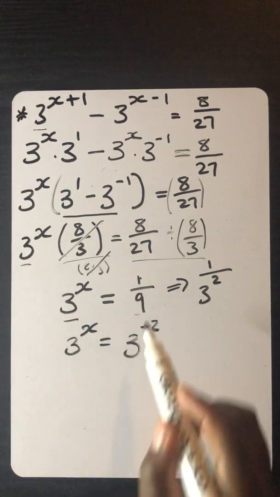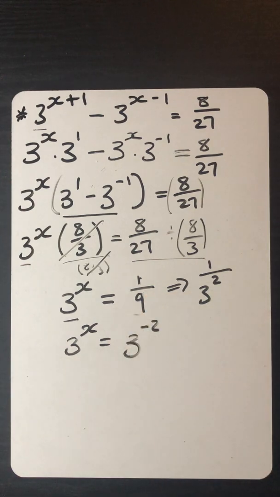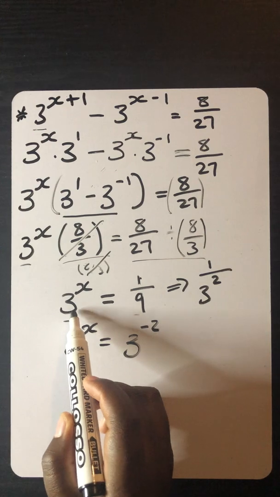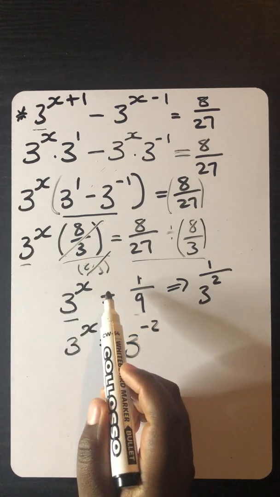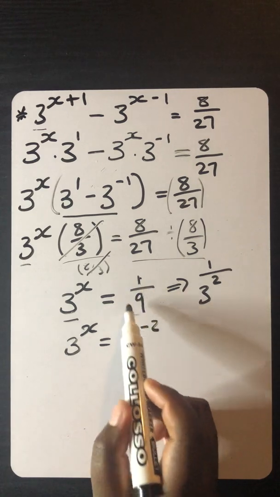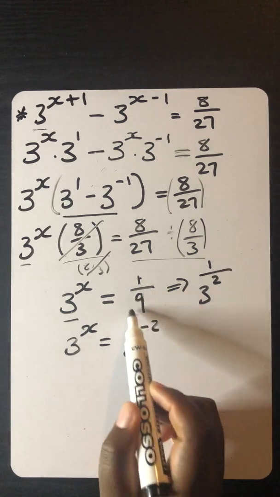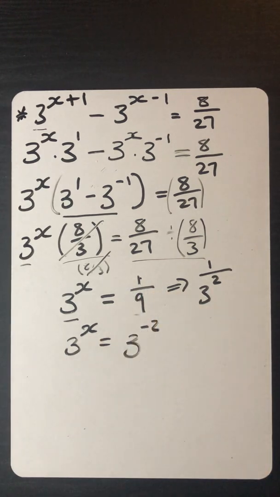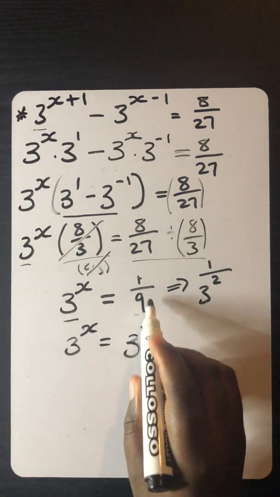To break down that 9, you can use that 3 as a guide: 3 to the exponent 1, 3 to the exponent 2, 3 to the exponent 3, until you get 3 to the exponent something which gives you 9. In this case, we know 3 squared is equals to 9.